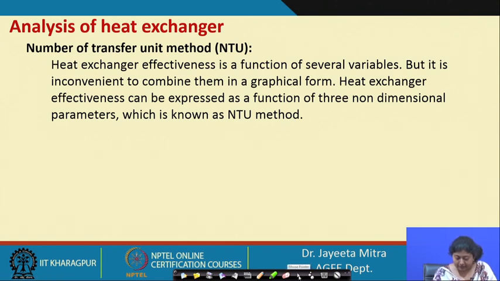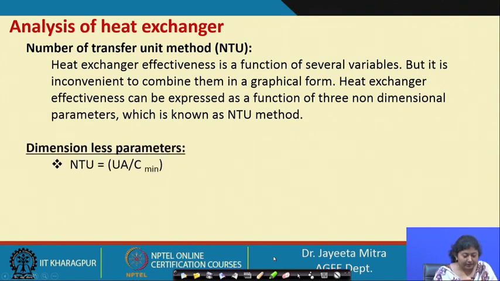So, what are those parameters? First is NTU, the value is UA by C minimum. U is the overall heat transfer coefficient, in watt per meter square degree Celsius or degree Kelvin. A is the area in meter square, divided by C minimum, that is m dot, the mass flow rate, into specific heat.